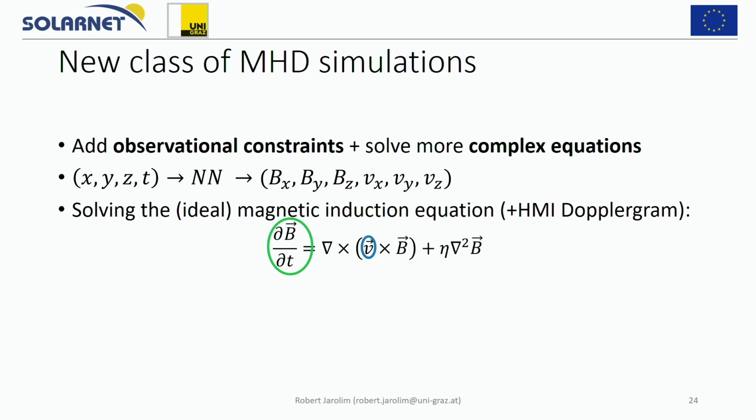We have the velocity field included, and on the right-hand side you can see we also have this diffusion term. Here we are only solving the ideal magnetic induction equation, so this one cancels out. But since our model is optimized iteratively, we have a certain deviation. Where this induction equation cannot be satisfied, we will have a certain deviation, which we can then potentially link to magnetic diffusion.